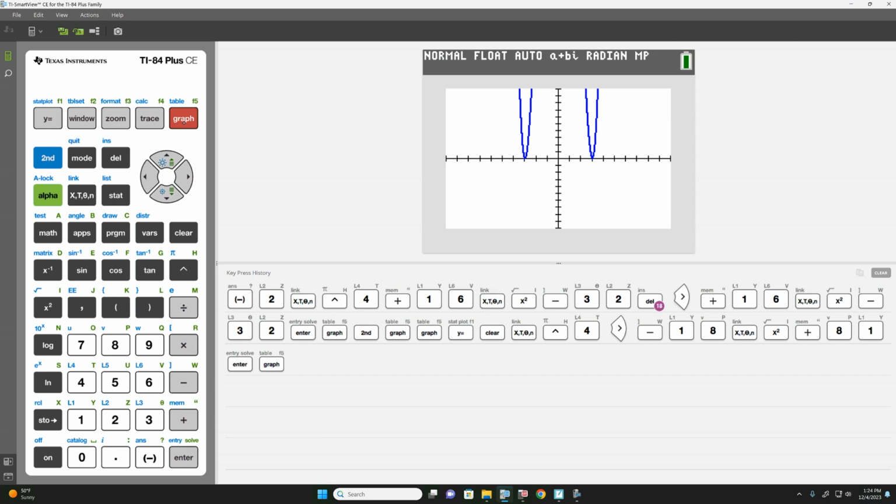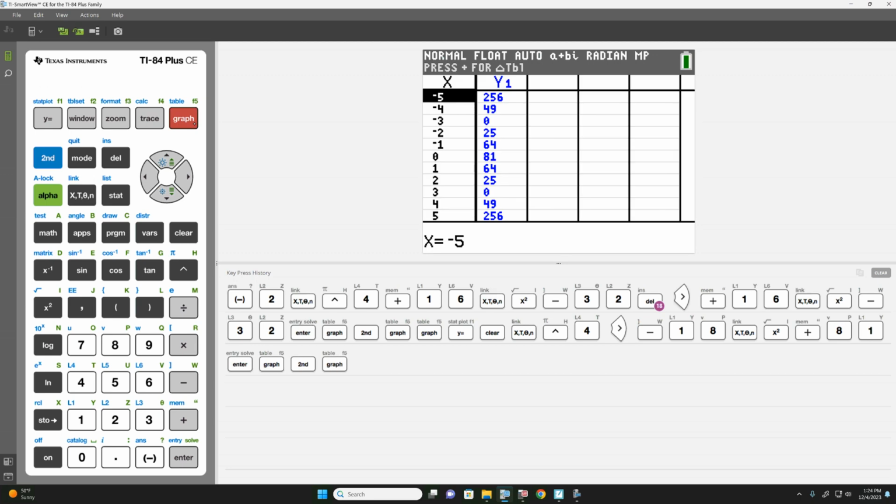Yes. So y equals... Because we have positive and negative 3, there's a good chance that it's going to repeat twice at both spots.